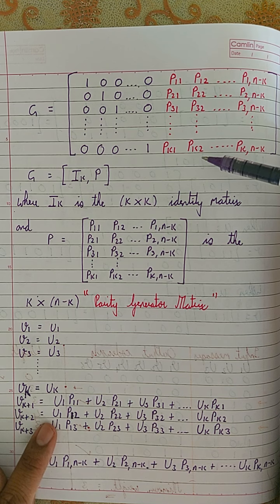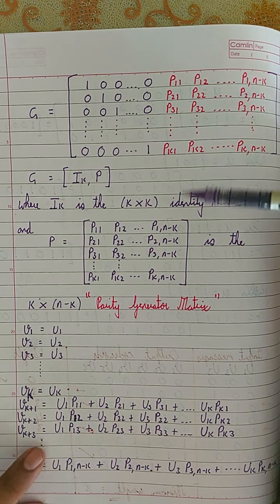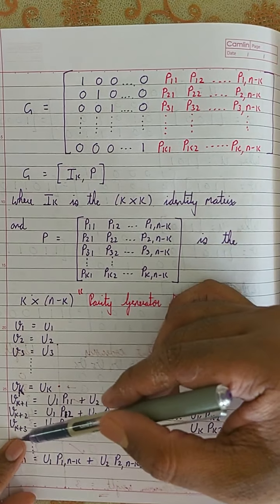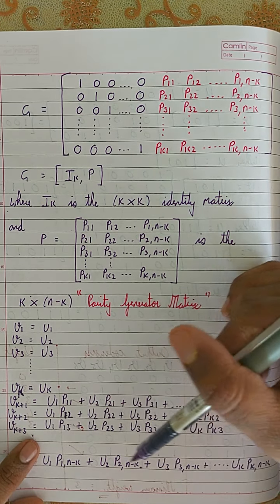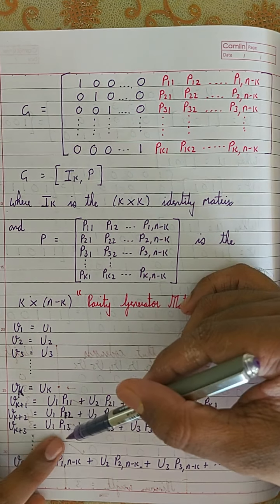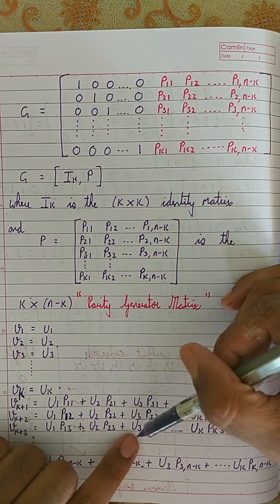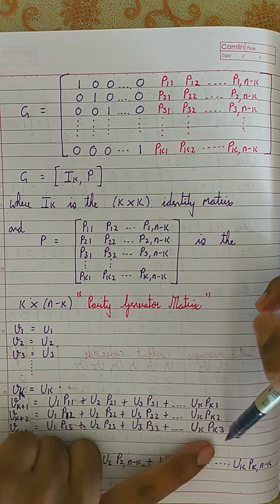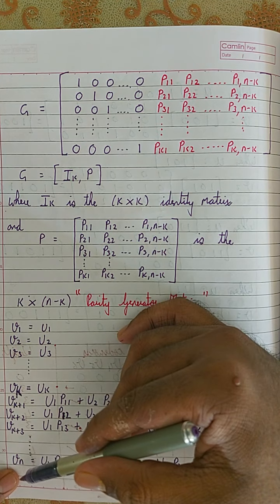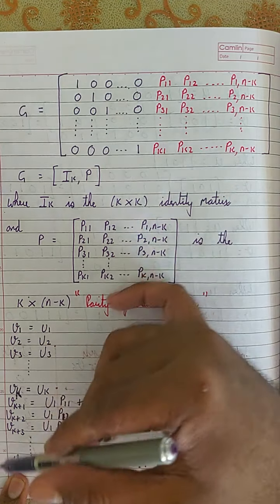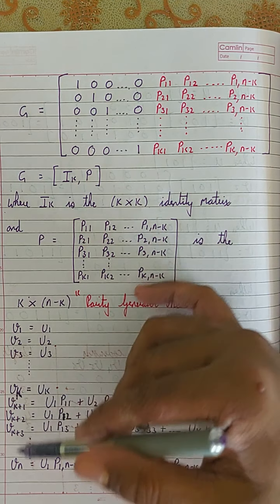Likewise, when you want to find the next bit, V(k+3), we multiply the message bits with the third column of the parity generator matrix, which is U1 P13 plus U2 P23 plus U3 P33, up to Uk Pk3. And the last code bit, Vn: we know it's an n-bit code word, so it varies from V1, V2, V3 up to Vn.